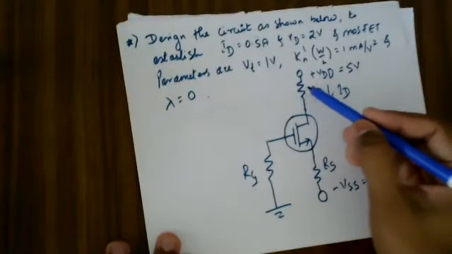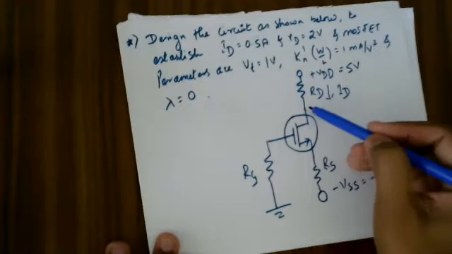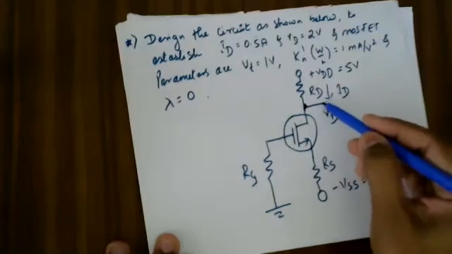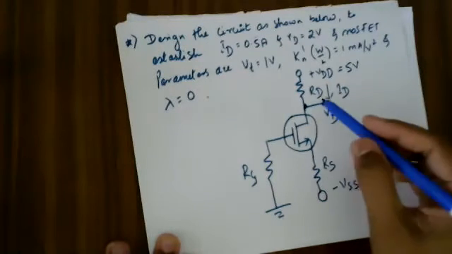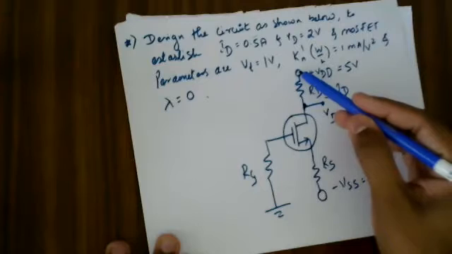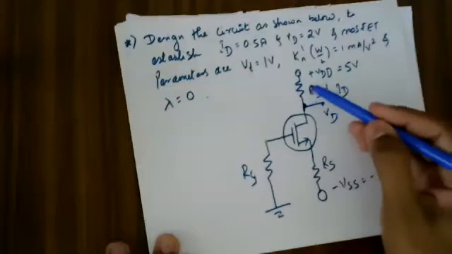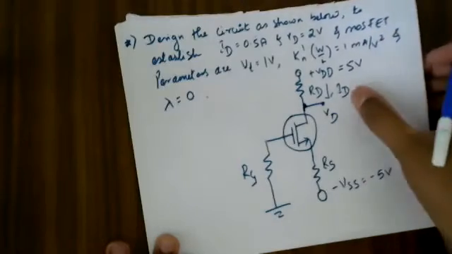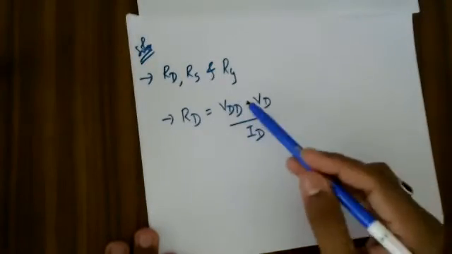This resistance is between two potentials: one is VDD, and the other I can call VD, the output voltage. So RD can be written as VDD minus VD divided by the current flowing through this resistance, nothing but ID.